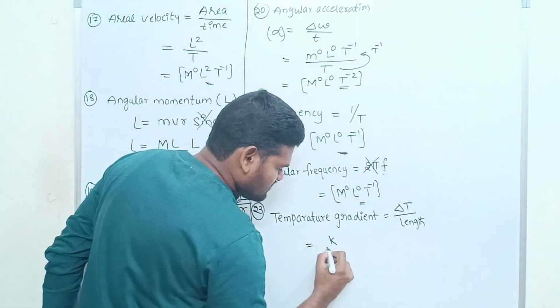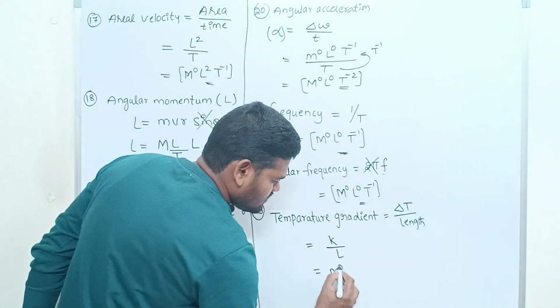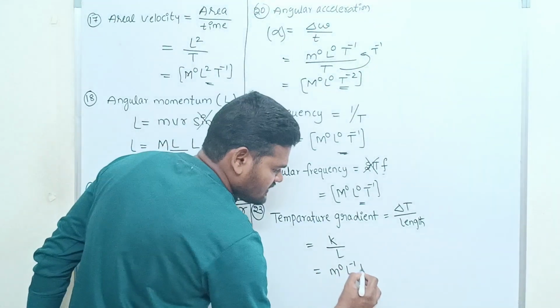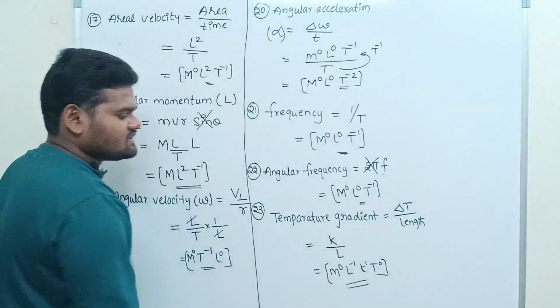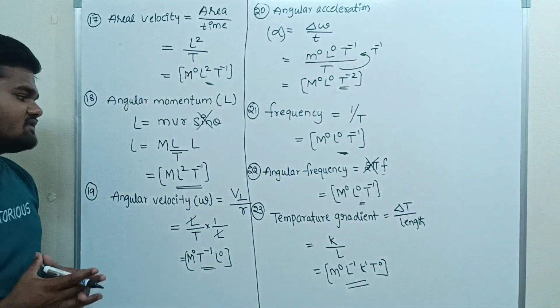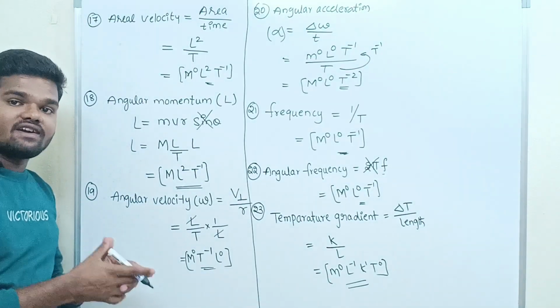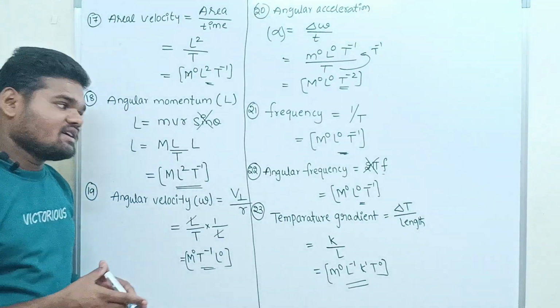K. And length, capital L. So M power 0, L comes to numerator, its power becomes minus 1, and K power 1, there is no time term, T power 0. Are you getting? Any doubts? Easy concept or tough concept? This is one of the easy concepts. Are you getting? Okay, very good.